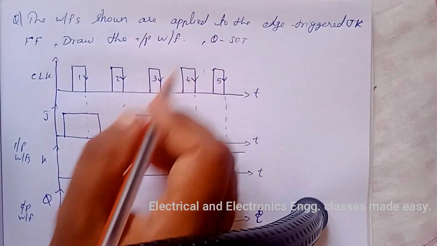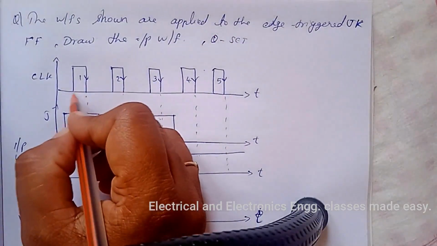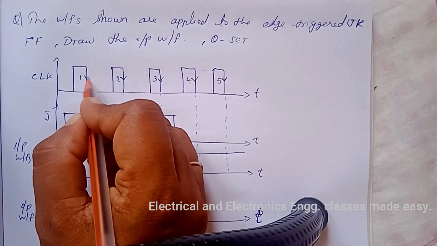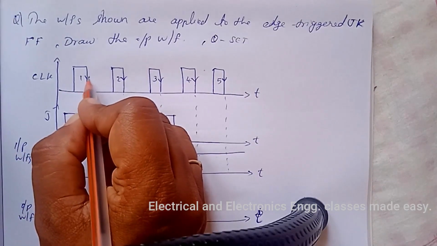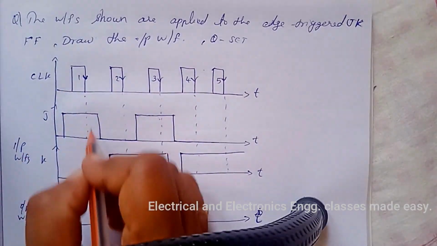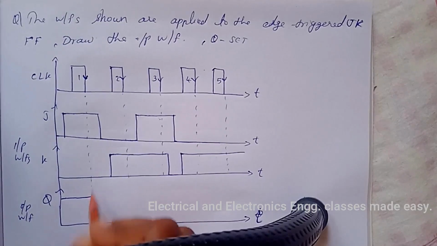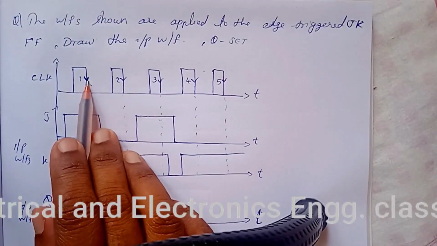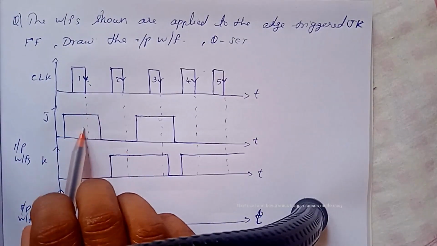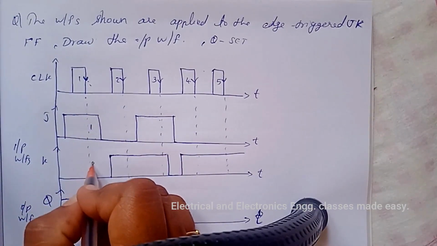So Q is 1 in the previous state, and it will continue up to the first negative edge of the clock pulse. So up to this point Q is high. So at the negative going edge of the clock pulse, J is 1 and K is 0.